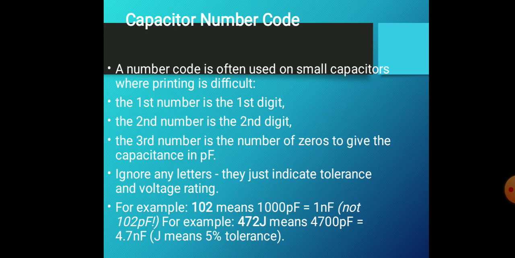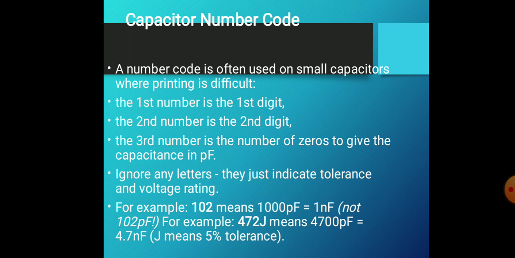Okay? Capacitance number code. If in resistors we use color code, the black, brown, red, orange, yellow, green, blue, violet, gray, white, here we use the number code. A number code is often used on small capacitors where printing is difficult. The first number is the first digit, the second number is the second digit. So whatever those numbers are, just write them down.